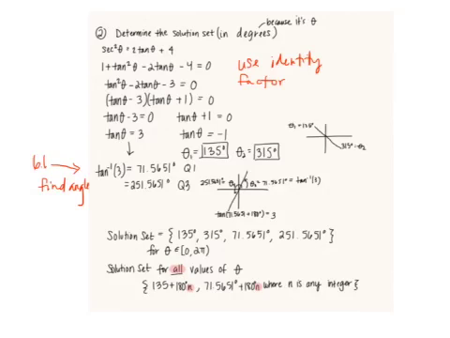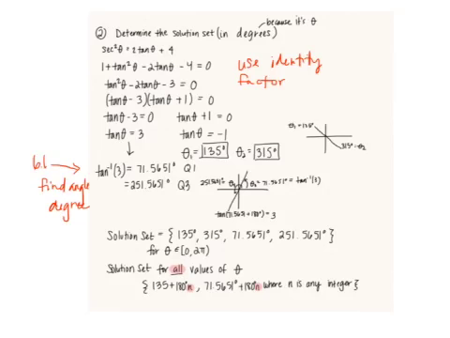Make sure that your calculator is in degree mode because we're dealing with degrees. You will use the function tangent inverse of 3 here, and you get 71.56 degrees. If you look at this diagram, you can see that our 71 degrees is in this quadrant. We also know that tangent has origin symmetry.